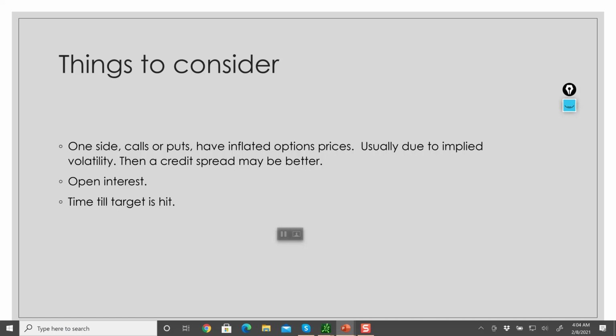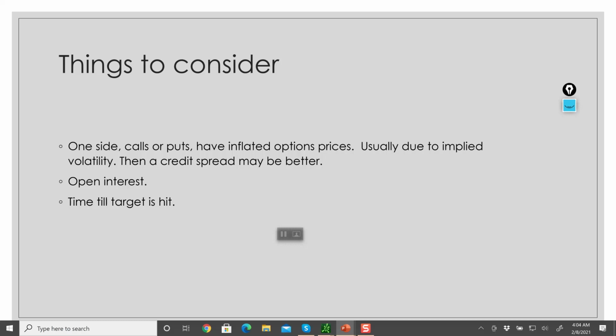Open interest. There have been times where I'm trading a thinner stock where I want to do a bullish play, but I want to do a credit spread because I don't want to aim as far out. I could use calls, but still organize it or construct it in such a way that it's like a credit spread, and I'll go over examples.